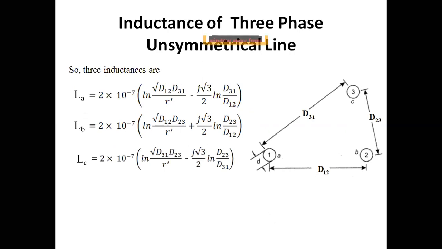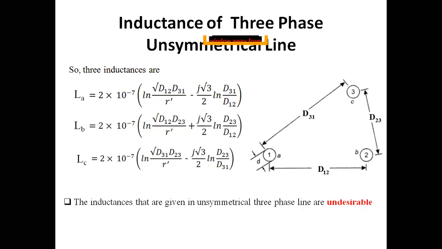So here you can see, as the three distances D12, D23 and D31 are not equal, LA, LB, LC inductances are not equal. But this is not desirable. This is undesirable because this will make the system an unbalanced circuit, that is, an unbalanced system.